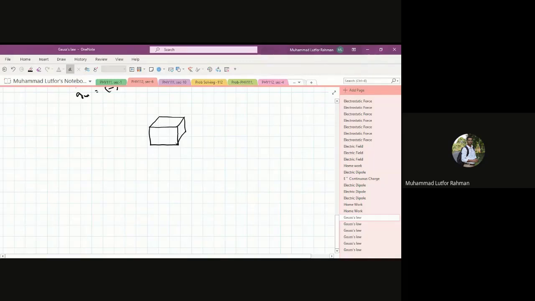You can consider. So that cube has a side length, say 2 meters, for simplicity of calculation I'm taking. And I'm going to say that an electric field E is towards that direction.